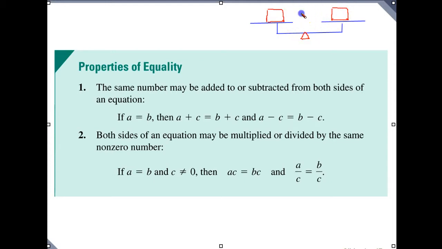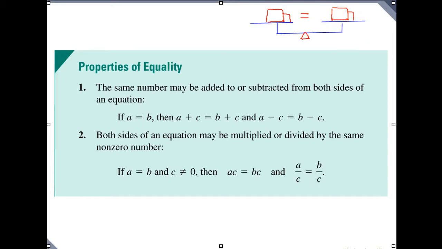So this is sort of saying that both sides are equal. Now, if I added another little bit to this side, it wouldn't be equal anymore, and it would tilt. But if I added the same amount to this side, they would still be balanced.